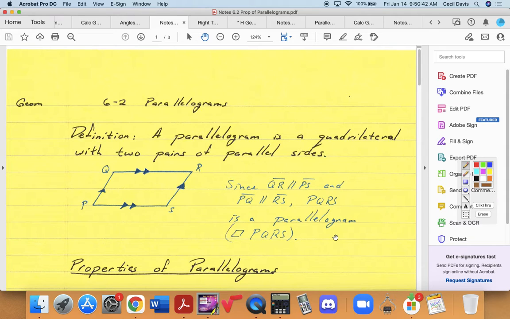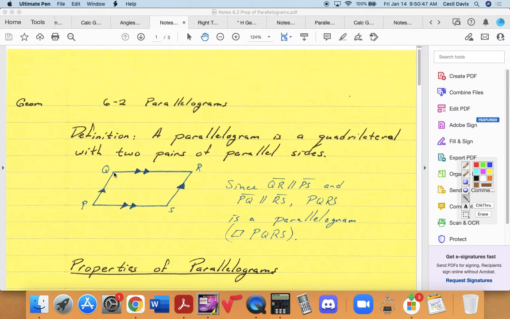Let me show you. You don't need to copy this, but please watch. If I draw in a segment from, say, Q to S, that's called a diagonal. I've created two triangles. The top and the bottom are parallel, so these two alternate interior angles are congruent. And if the left and the right sides are parallel, then these two alternate interior angles are congruent.